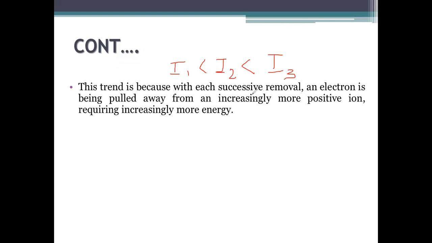Yes, the trend is because the successive electrons are being pulled away from an increasingly positive ion. Your atom becomes a more positively charged ion. Therefore, you need more energy to remove the electrons, since it is closely bound with your nucleus. That is the reason.